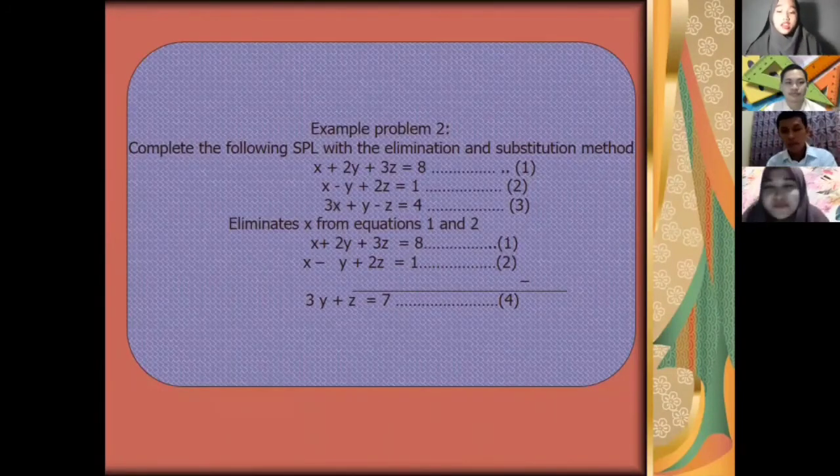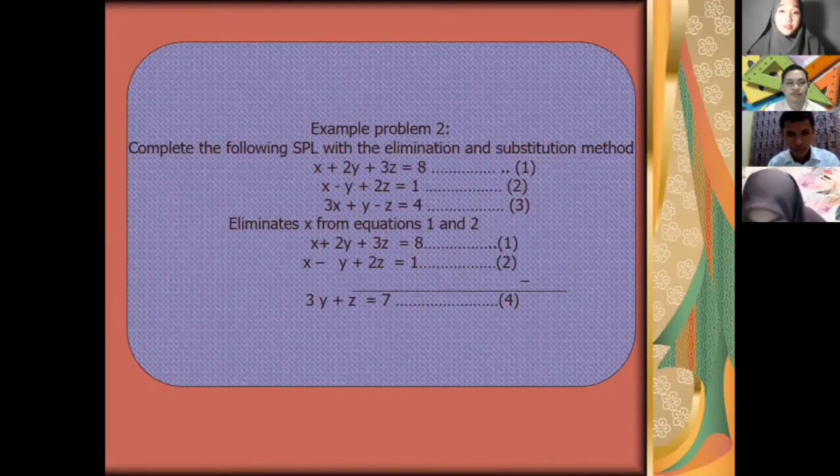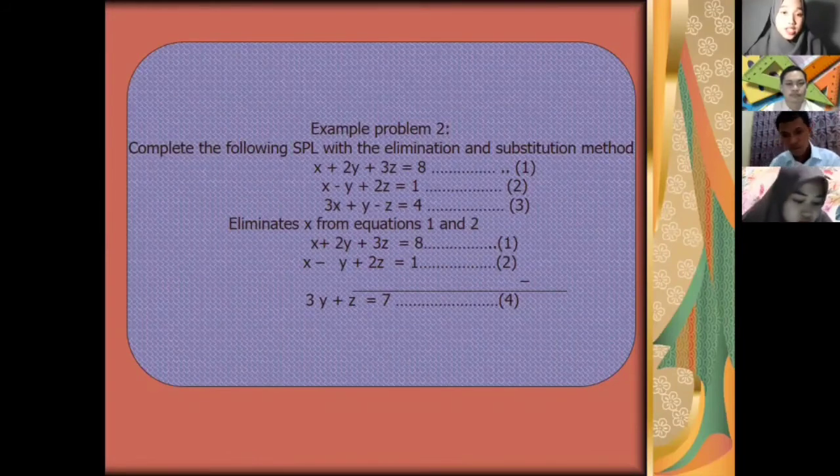Okay, next is how to solve a three-variable system of linear equations. Example problem 2: solve the following linear equations with the elimination and substitution method. The first equation is x plus 2y plus 3z equals 8. The second equation is x minus y plus 2z equals 1.